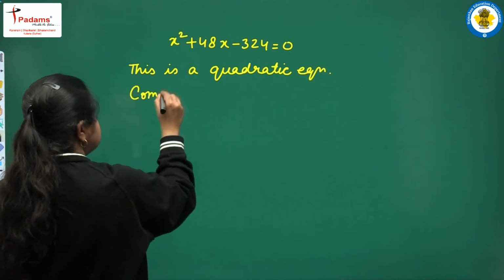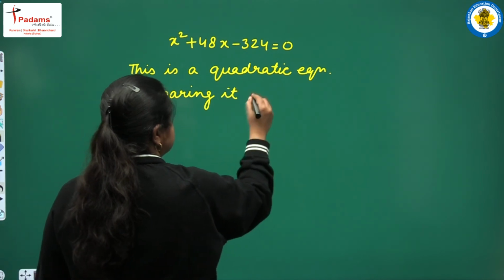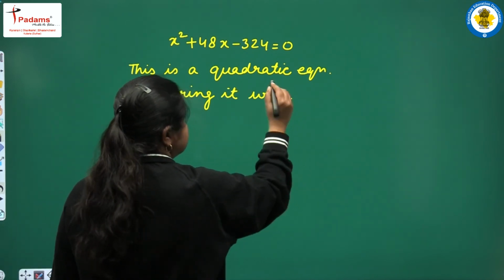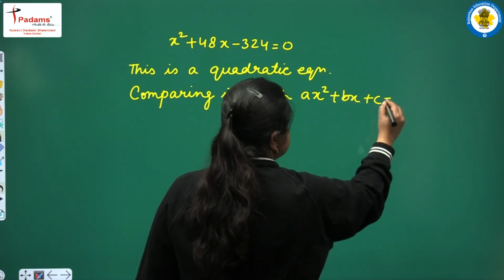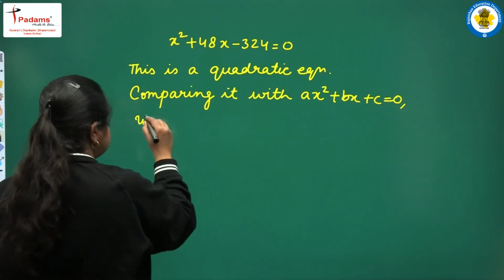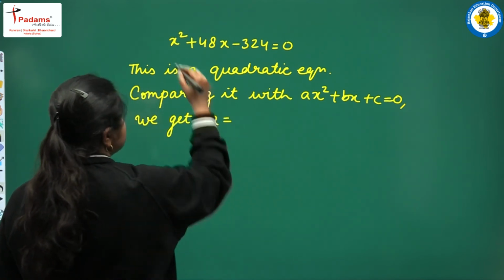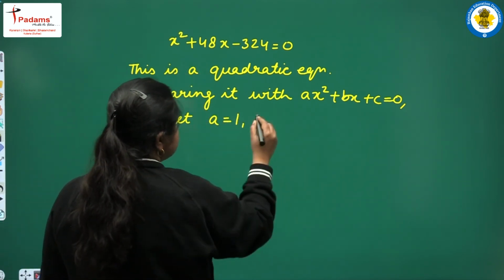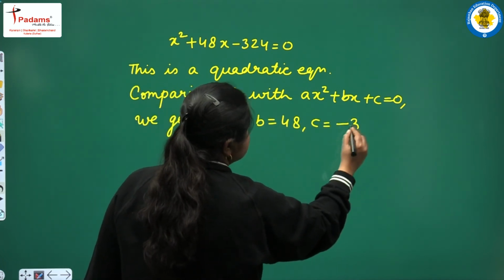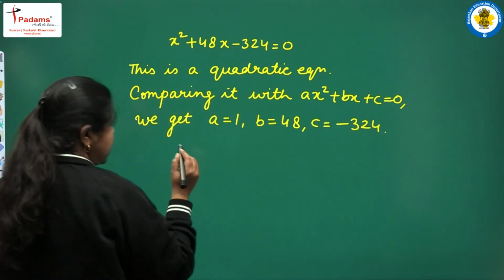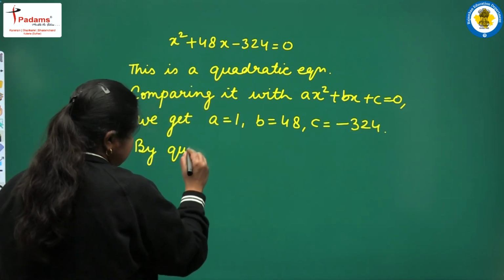Comparing it with ax square plus bx plus c equal to 0, we get the values of a, b and c as follows. A will be equal to 1, coefficient of x square, b is equal to 48 and c is equal to minus 324. Now, we find the solution by quadratic formula.